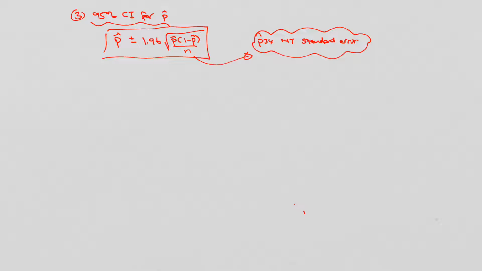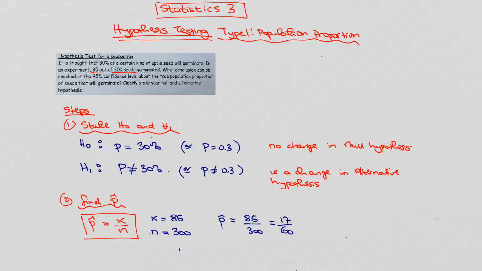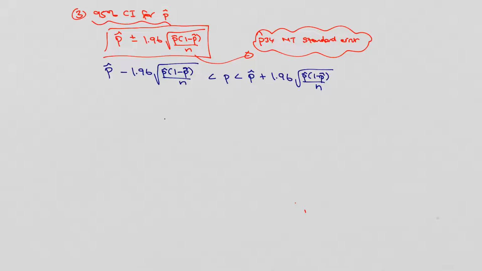Okay, so let's separate that out. So that's going to be our sample population proportion minus 1.96 times the standard error of the proportion is less than the true population proportion, which is less than our sample population proportion plus 1.96 times the standard error. Okay, so if I sub in my values, well, what did we say our sample population proportion was? It was 17 over 60.